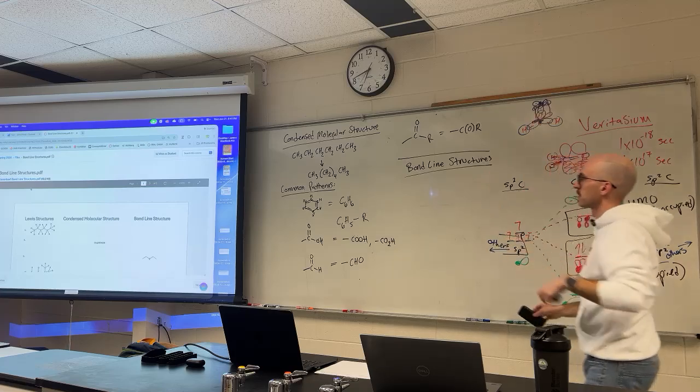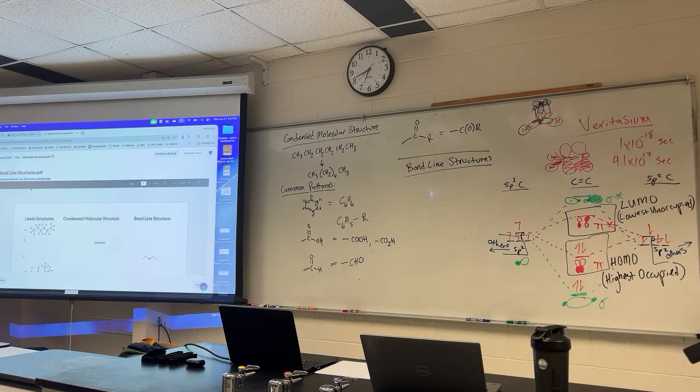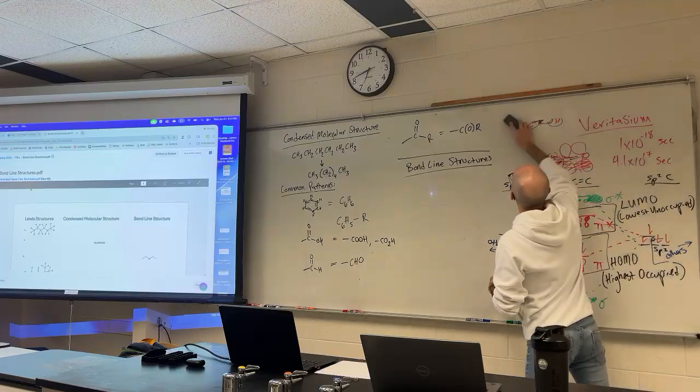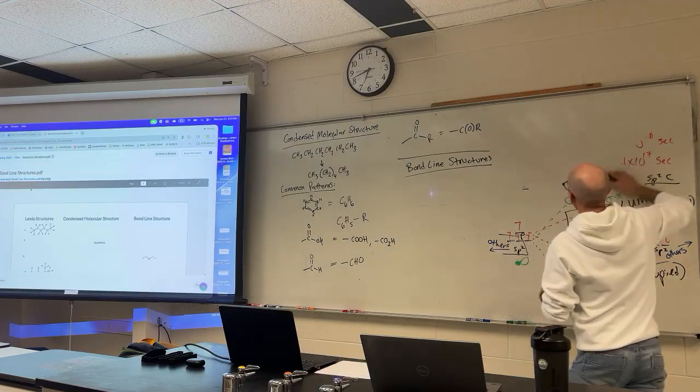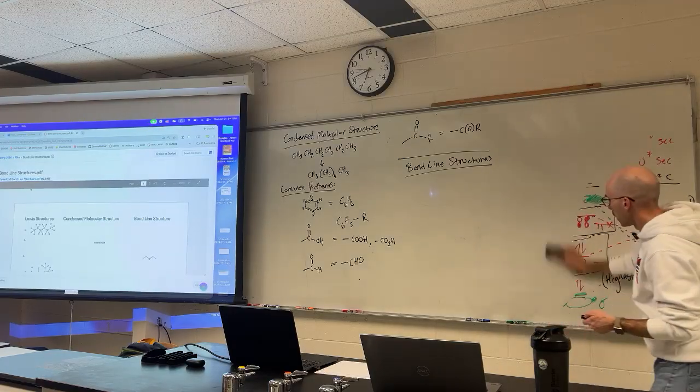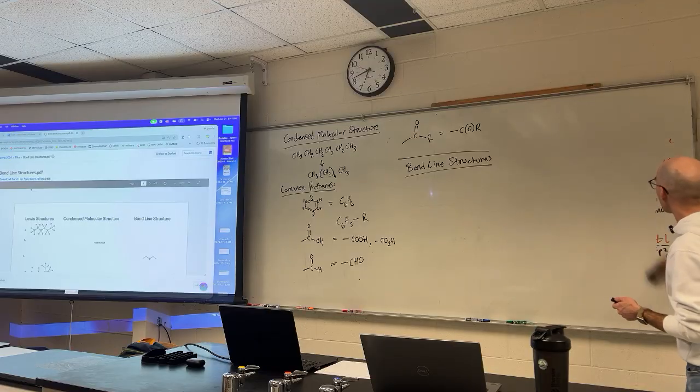Bond line structures are what we're going to use 90% of the time in this class. Bond line structures operate with a few assumptions.